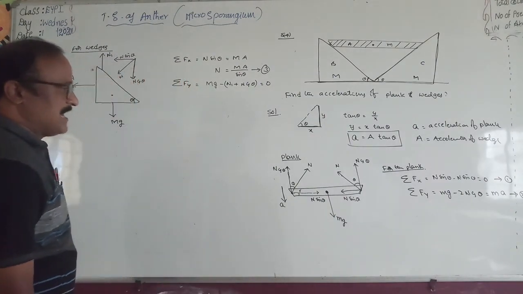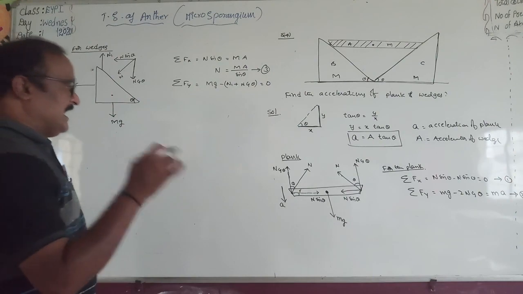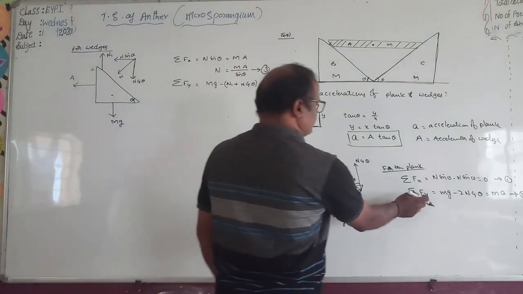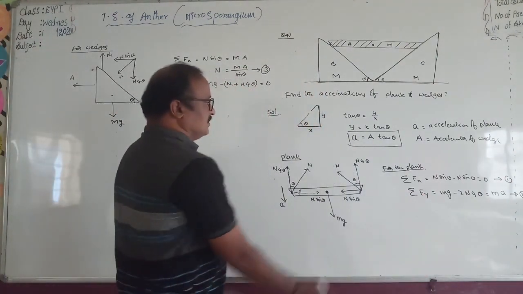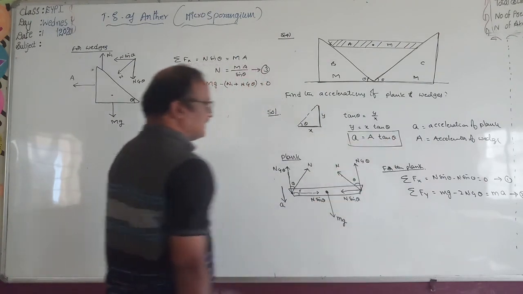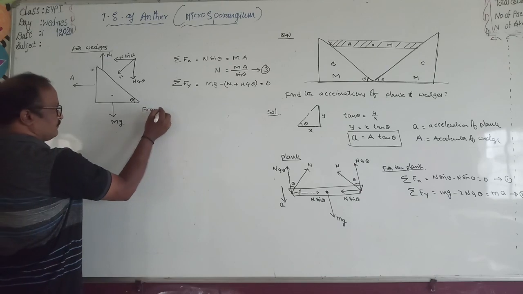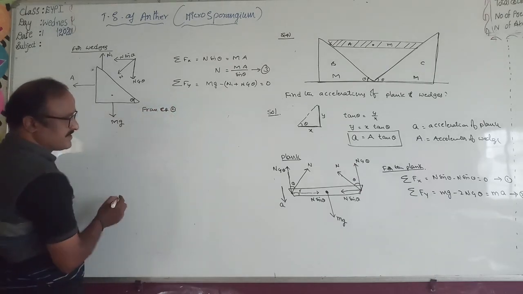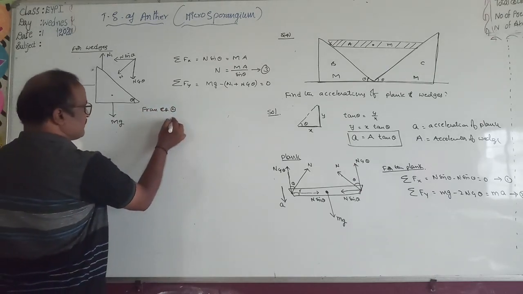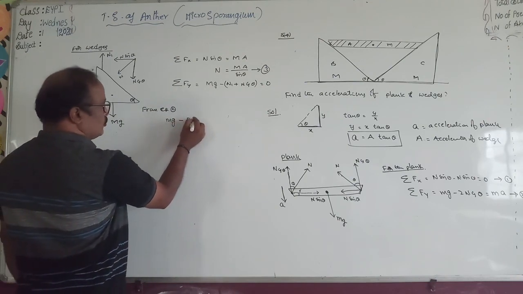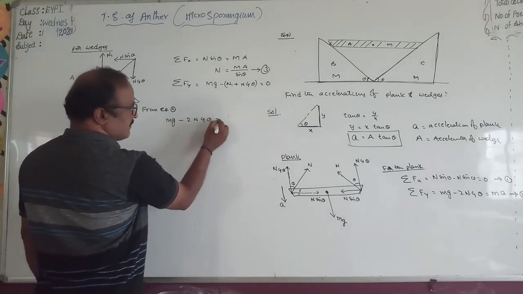For small a, let us consider equation 2, and small a is equal to capital A tan theta. So from equation 2, mg minus 2N cos theta is equal to m small a.